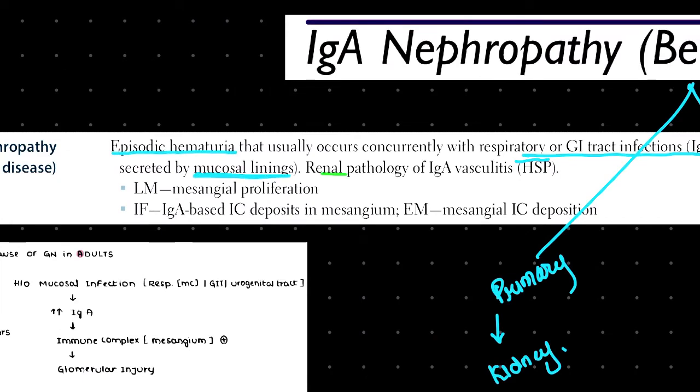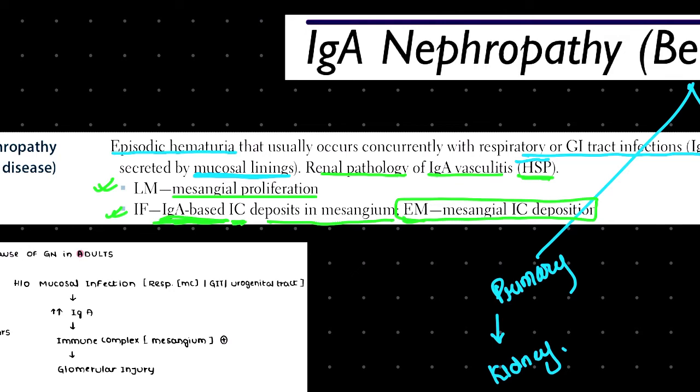Renal pathology of IgA vasculitis will be found in HSP. In light microscopy we will find mesangial proliferation. In immunofluorescence we will find IgA-based IC deposit in the mesangium. In electron microscopy we will find mesangial IC deposition, immune complex deposition.